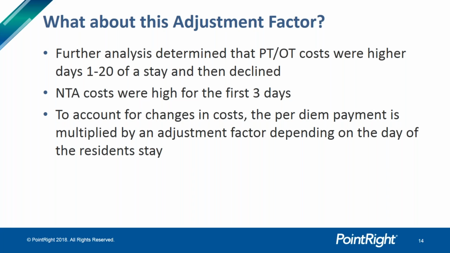And then for the NTAs, that was a little bit more truncated. It was the first 3 days. And so what CMS is doing in PDPM is applying adjustment factors depending on where in the stay a resident is, and they use that multiplier for those payments. So for the first 3 days of the NTA stay, you'll see this adjustment factor applied.